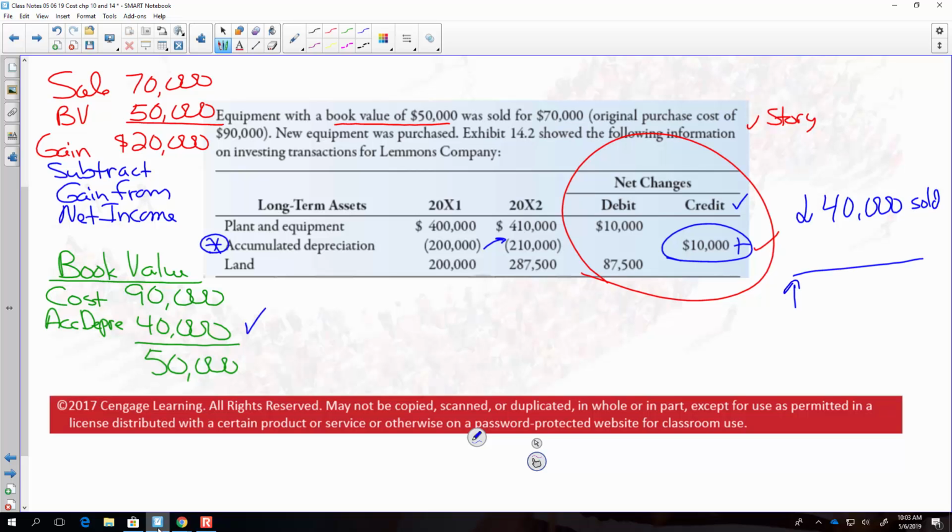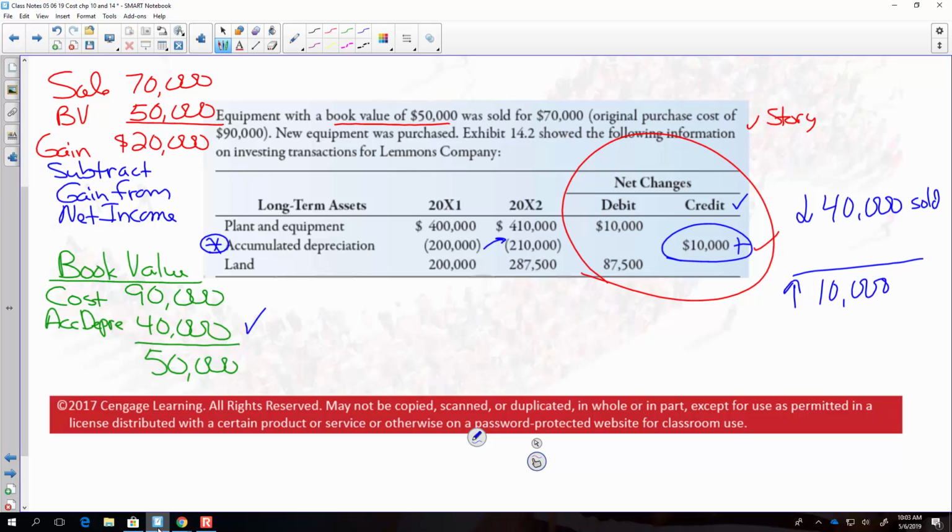What must have happened? I need it for my cash flow statement. Accumulated depreciation, what must have happened? I had more.